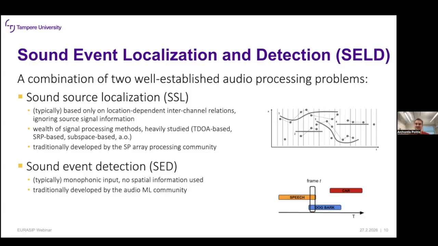On the other side, the other part of the task is sound event detection, one of the most classical tasks of this machine learning audio community, which, however, traditionally has been done only with monophonic input, no spatial information used, even though there are some works that show some benefit using multiple channels to do this kind of accurate temporal tracking of the target classes of interest.